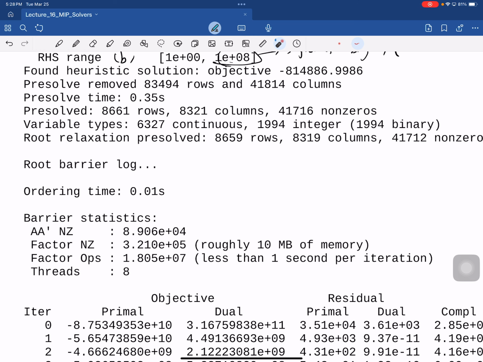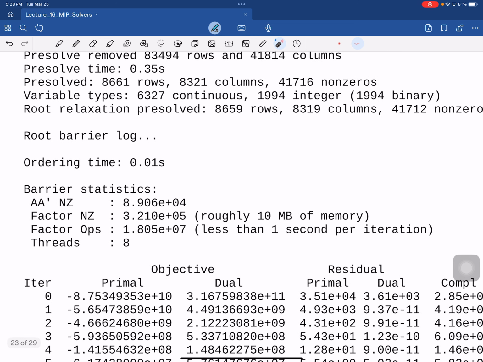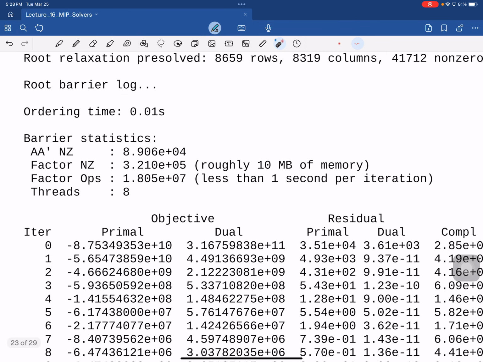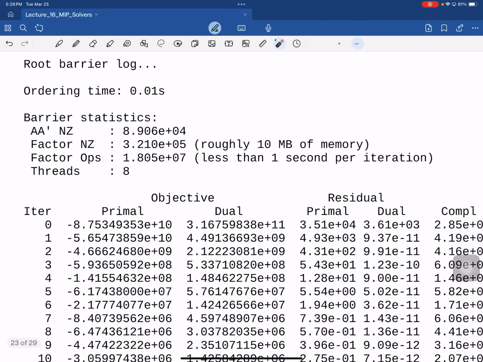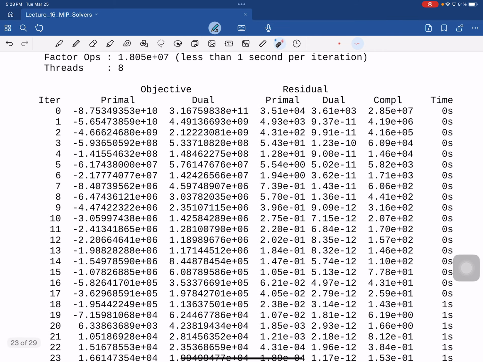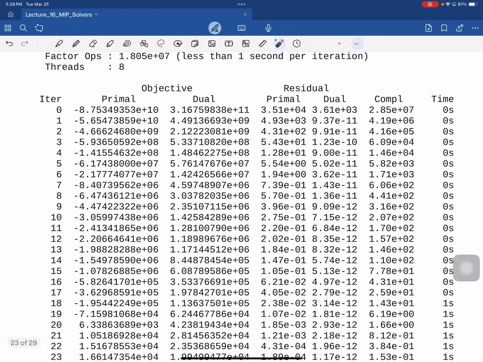In this case, it was using the barrier algorithm. You should also be careful about those statistics. Sometimes when things go wrong, it will give you a warning for those barrier statistics. But in this case, it looks like it is all right. So if you solve with the barrier algorithm, since it's a primal-dual type of algorithm, it gives you the primal objective and the dual objective.